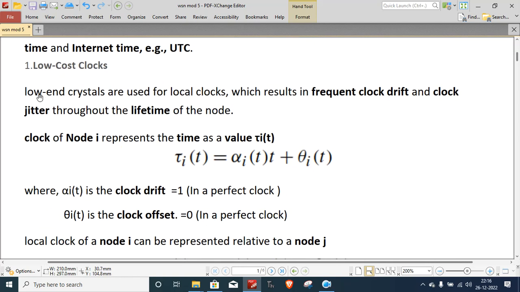Here low end crystals are used for manufacturing local clocks, which in turn results in frequent clock drift and clock jitter throughout the lifetime of the node.